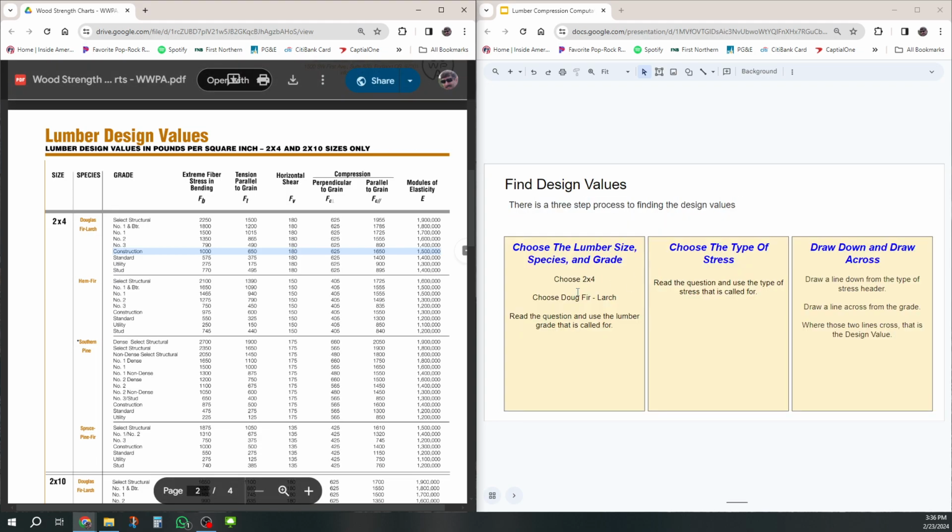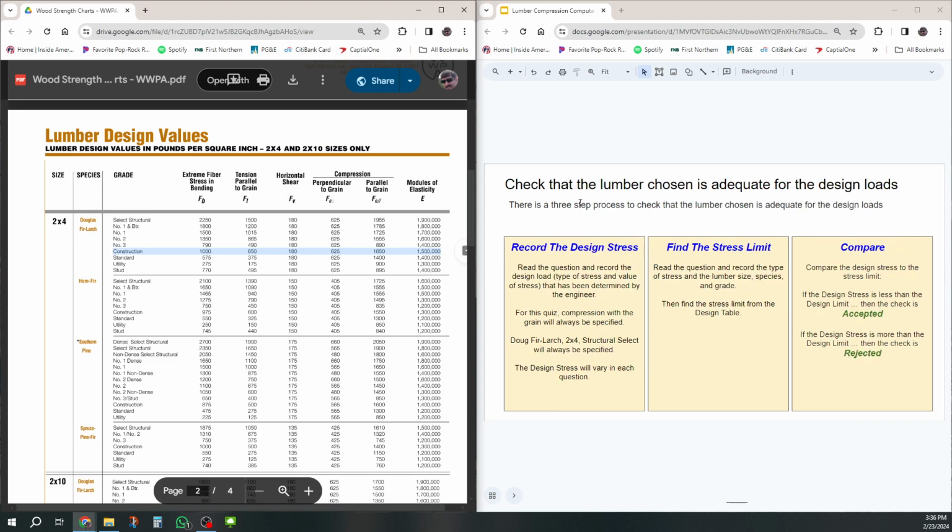Okay, so that's what we just showed here. Let's take a look at checking that the lumber chosen is adequate for the design loads. The first thing I have to do is know what the design stress is, and the engineer will give that to me. So let's say I've got a design and it says that my compression parallel to the grain is 2,000.